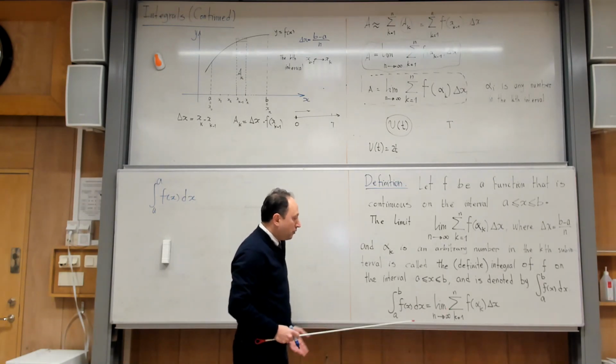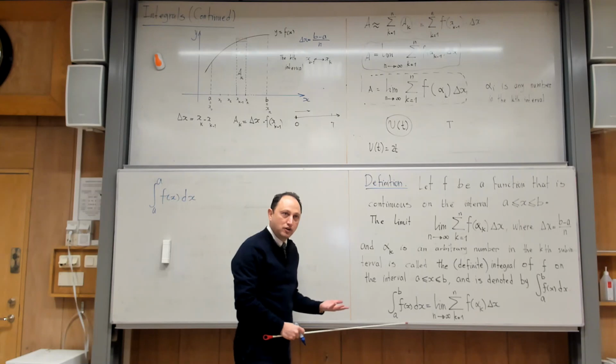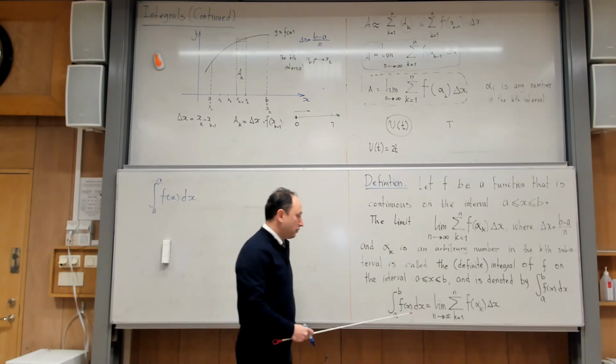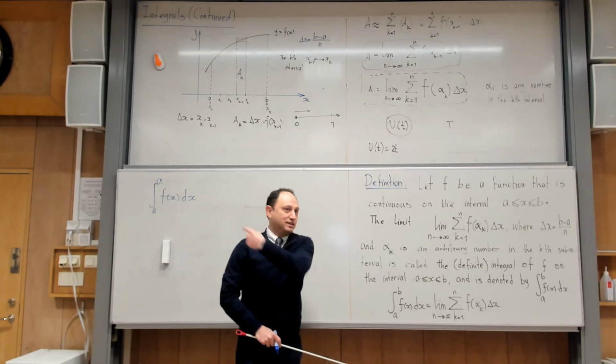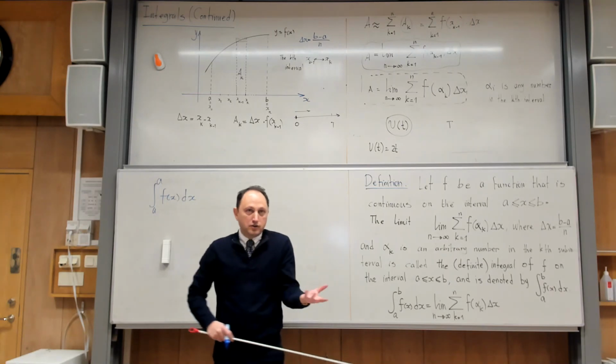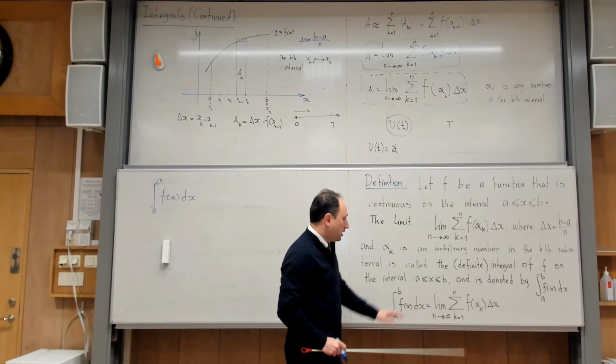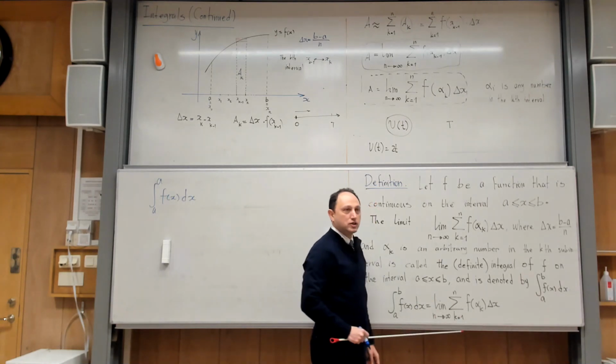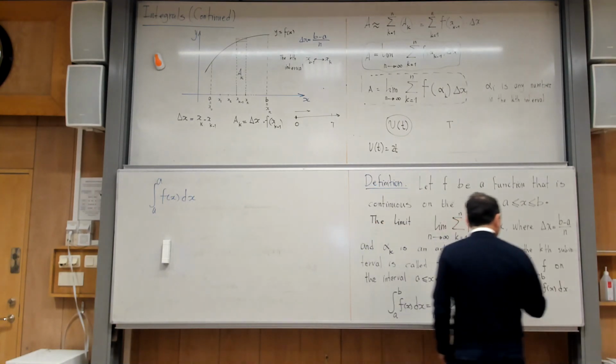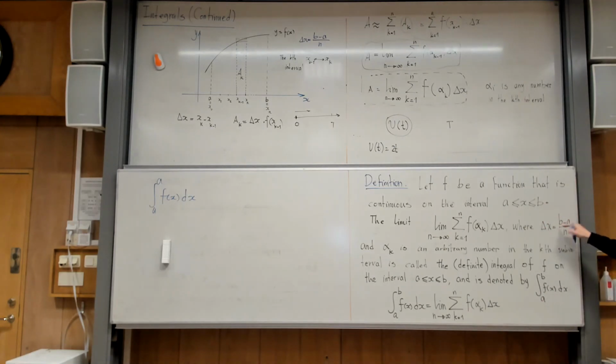For some problems, the interpretation of integral is area. For some problems, the interpretation of integral is the distance. So integral is an independent entity. But why does this become 0? Because I have to calculate this Riemann sum. What is delta x? Delta x is the upper limit minus the lower limit divided by n.